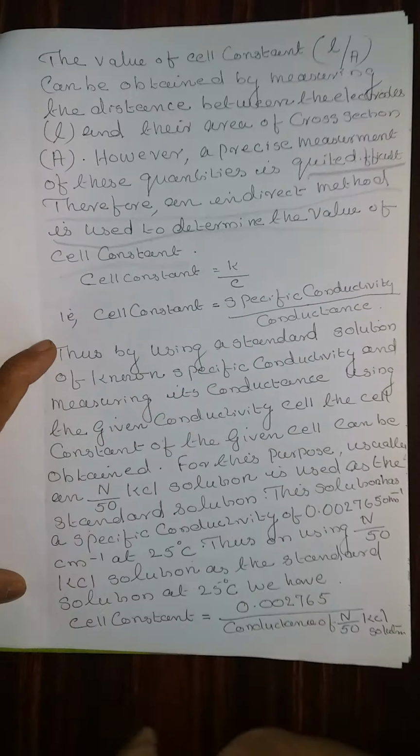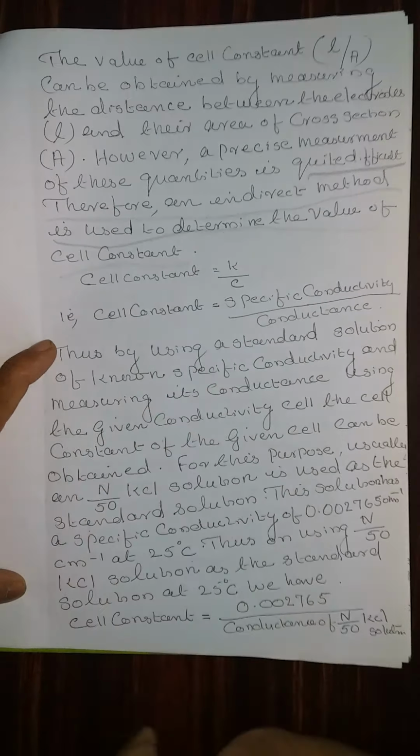Therefore, the indirect method is this: we know from the last equation that cell constant is equal to kappa by conductance. That is, cell constant is equal to specific conductivity by conductance. Thus, by using a standard solution of known specific conductivity and measuring its conductance using a given conductivity cell, the cell constant of the given cell can be obtained.